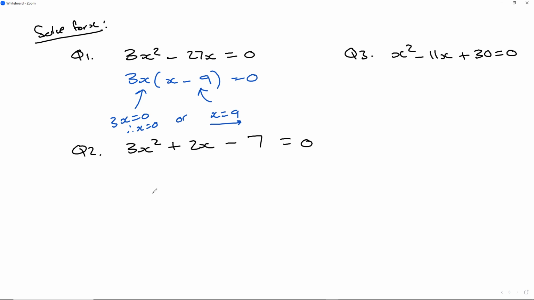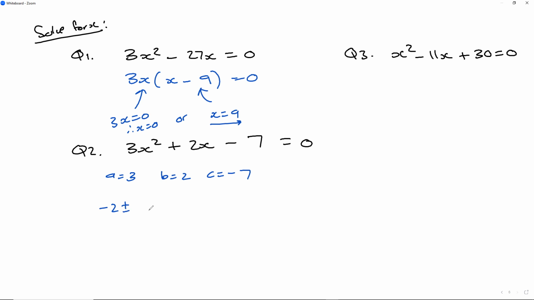For the next one, can we factorize it? Can we put 3x and x and maybe 7 and 1 and maybe get the middle term? No, we can't. So factorizing this is not good. It gives us no option but to use the quadratic formula. So a equals 3, b equals 2, and c equals negative 7. And that's minus b plus minus the square root of b squared minus 4ac.